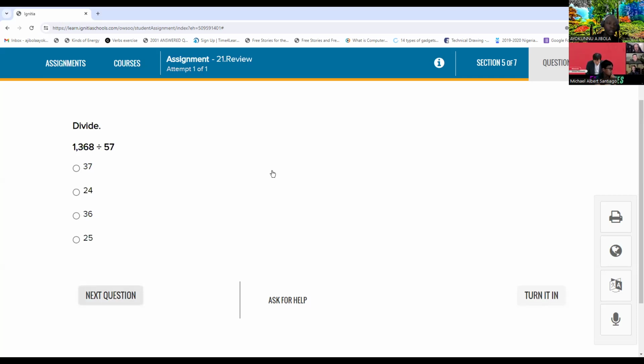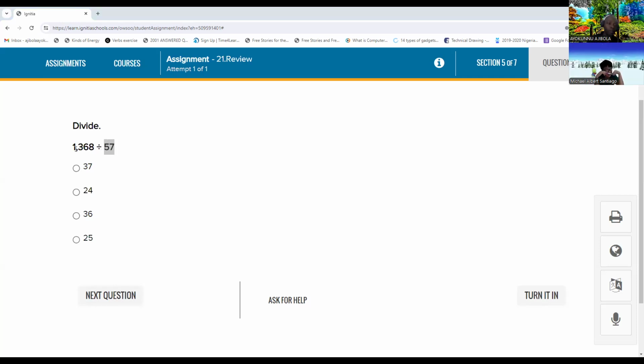I mean, just to do it in your head without even calculating. So this one says divide this by a 2-digit number. So the nearest multiple of 10 here is 60, okay? But we never can tell if this is not an estimate. 1368 divided by 57, it's actually possible.